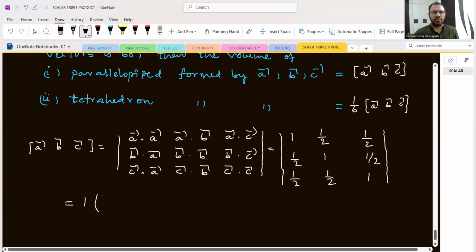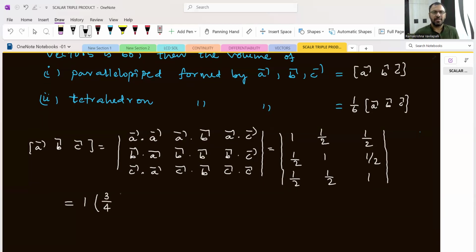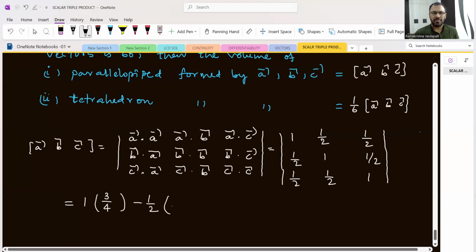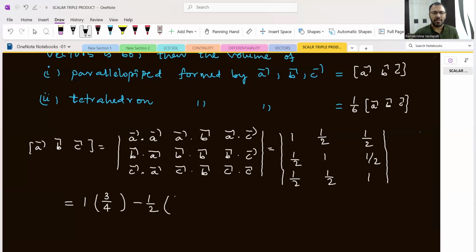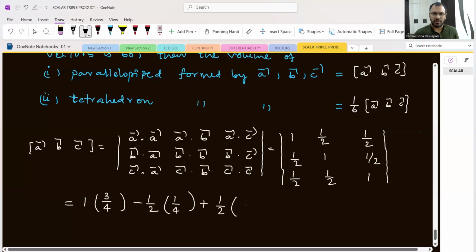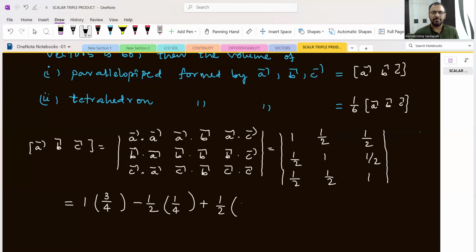This is equal to 1 into (1 minus 1 by 4), that is 3 by 4, minus half into (1 by 2 minus 1 by 4), that is 1 by 4, plus 1 by 2 into (1 by 4 minus 1 by 2), that is minus 1 by 8.